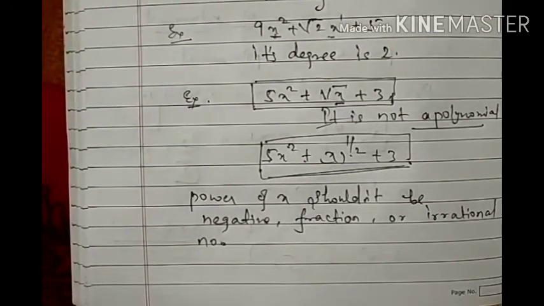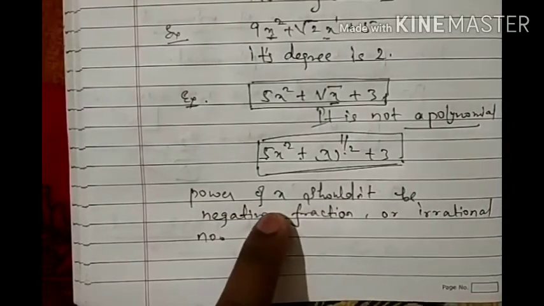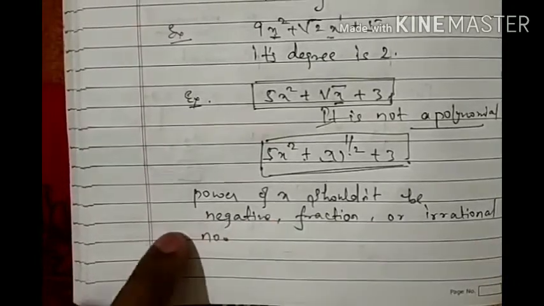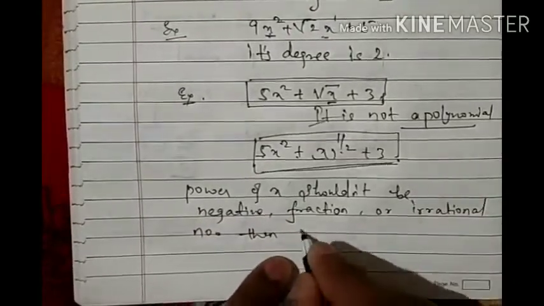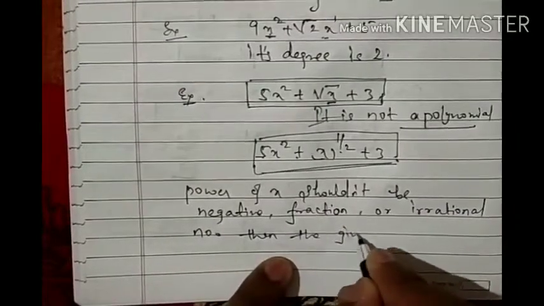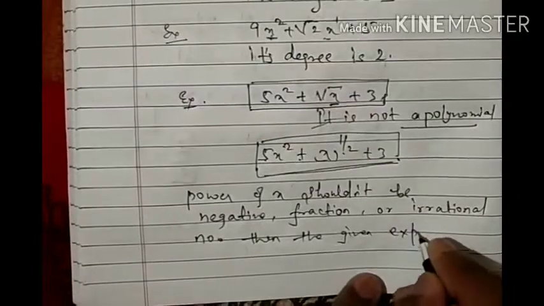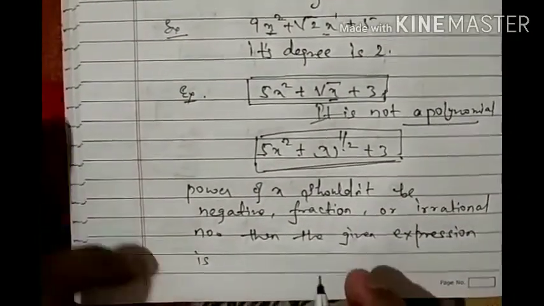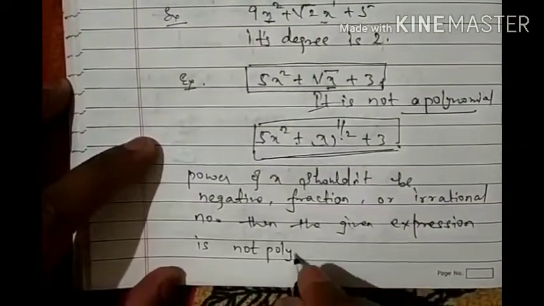It is very important to remember that if the power of x is a negative number, a fraction number or an irrational number, then the given expression is not a polynomial.